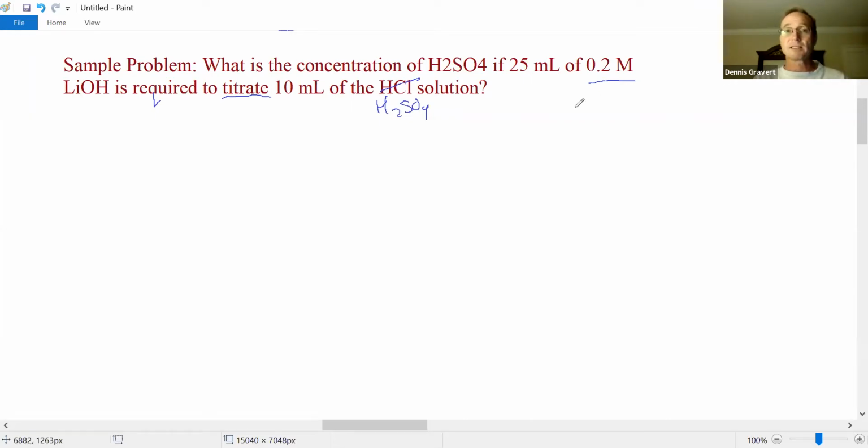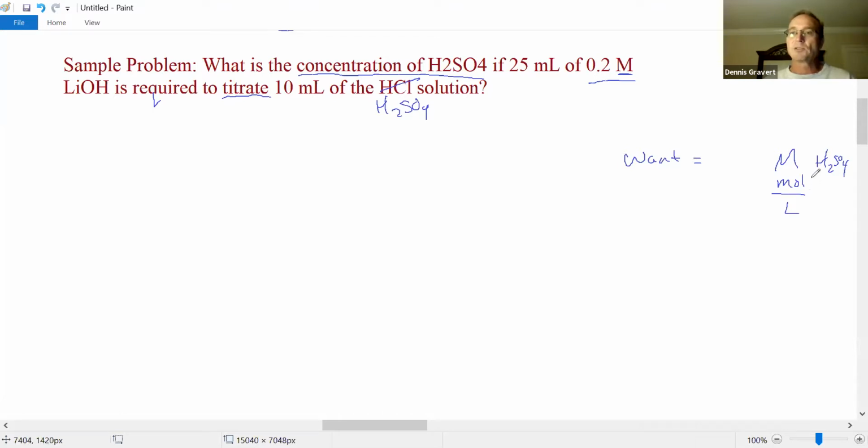Okay, so what do we want? We want the concentration of H2SO4. So what's the unit for concentration here? Well, the unit for concentration of the base is molar. So let's keep it the same. We want the molar concentration of H2SO4. Let's break that down for some added help.